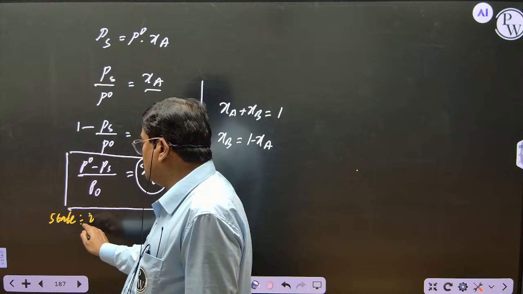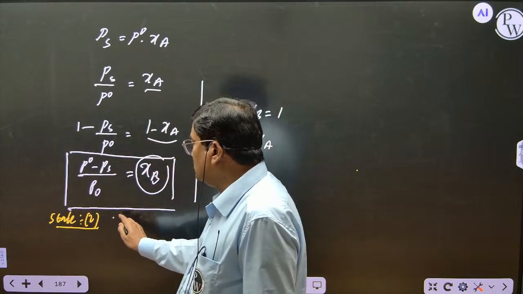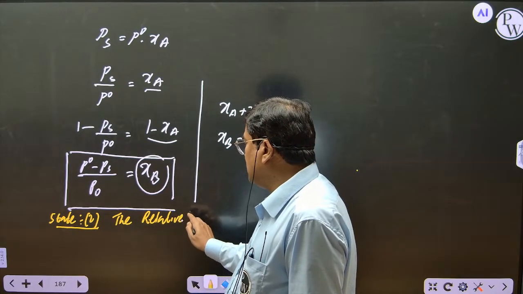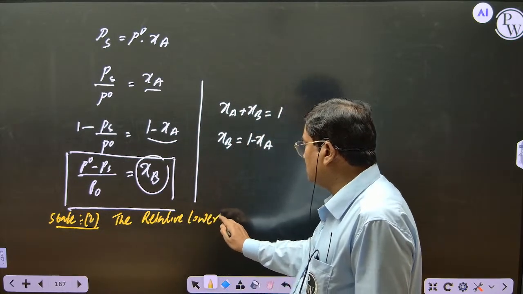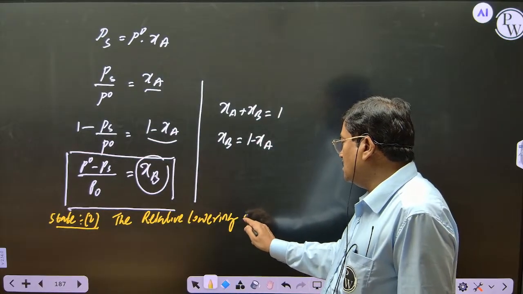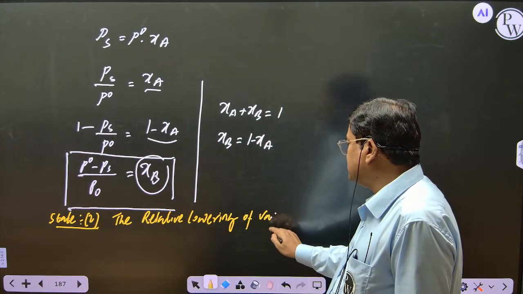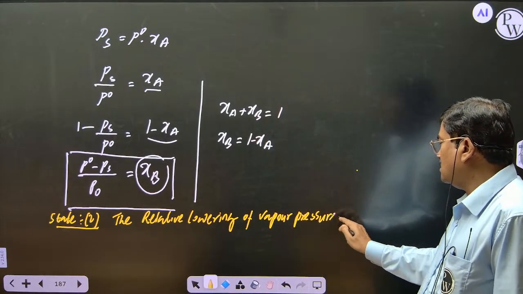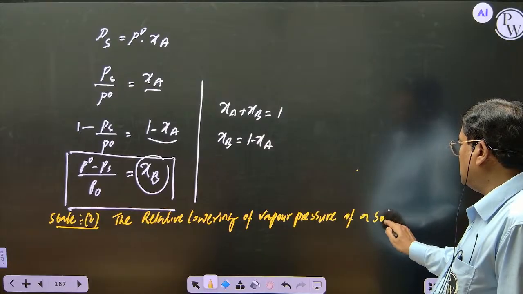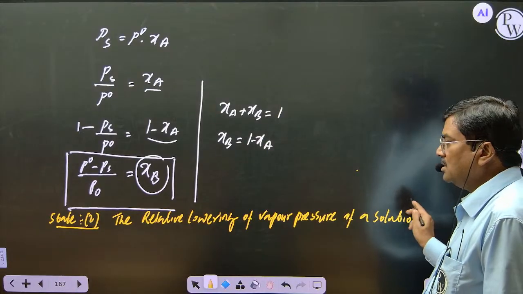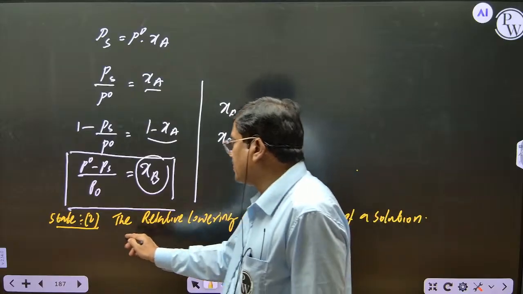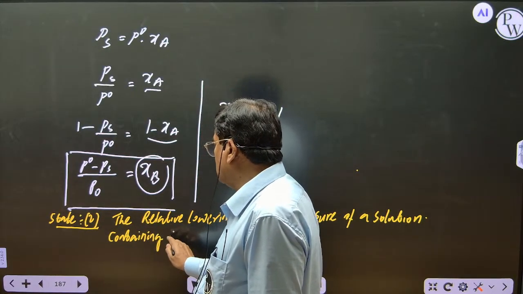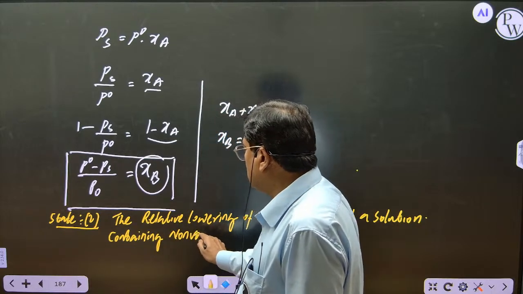So the second statement from Raoult's law, what do we write? The relative lowering of vapor pressure. Are you following, students? The relative lowering of vapor pressure of a solution containing a non-volatile solute is equal to whom, students?